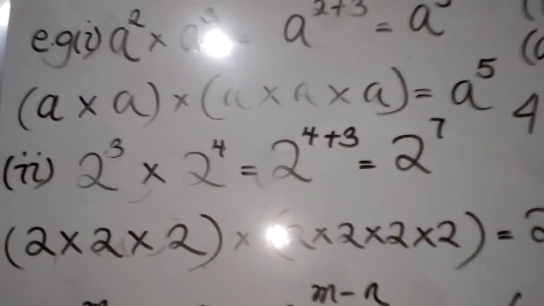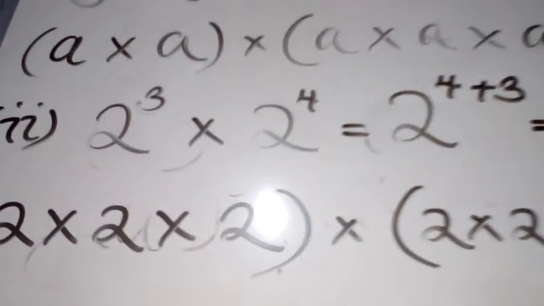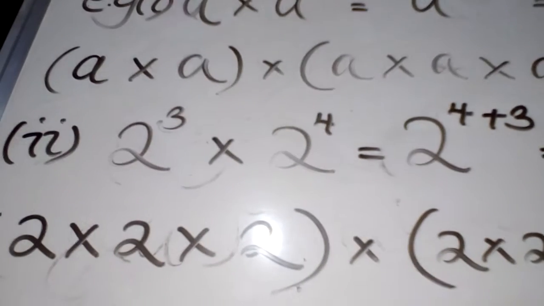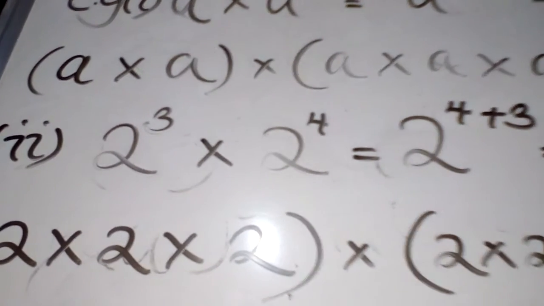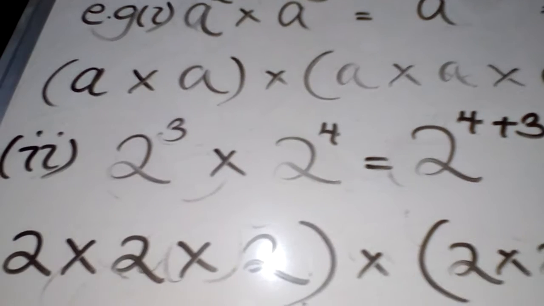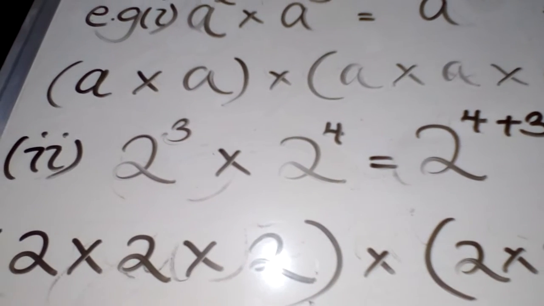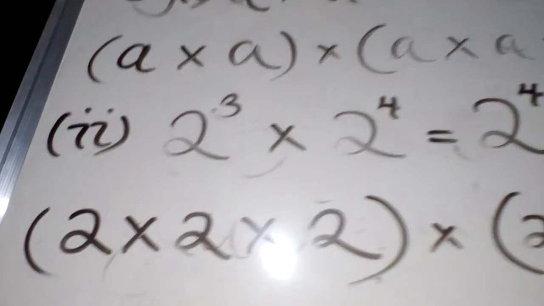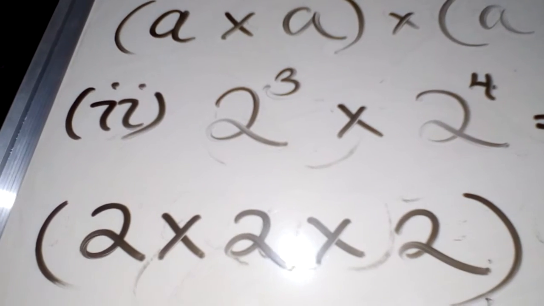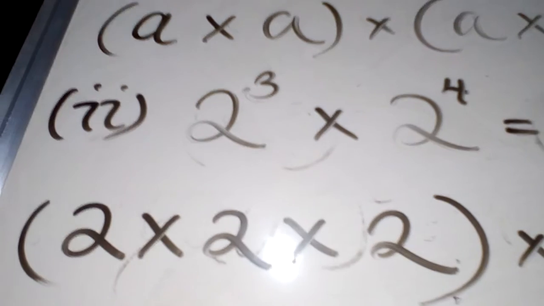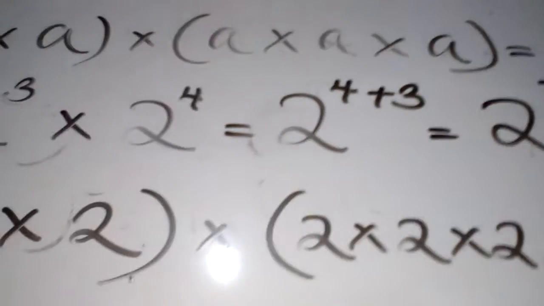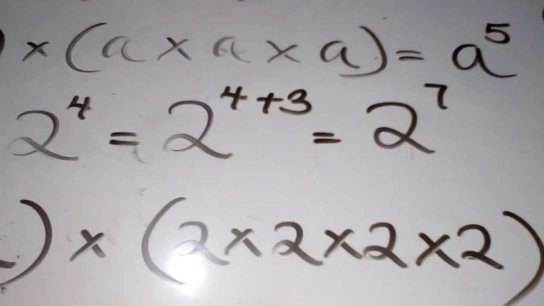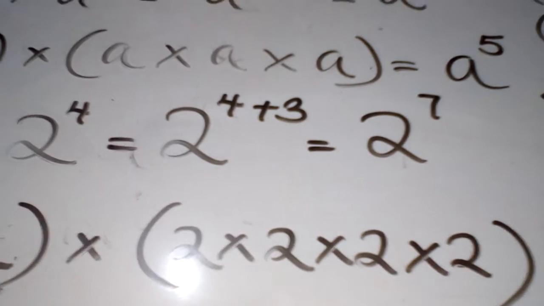To prove my explanation, we can look at the above equation in this form. 2 to the power 3, or 2 cubed, is 2 times 2 times 2, and you are multiplying it by 2 to the power 4, which is 2 times 2 times 2 times 2.